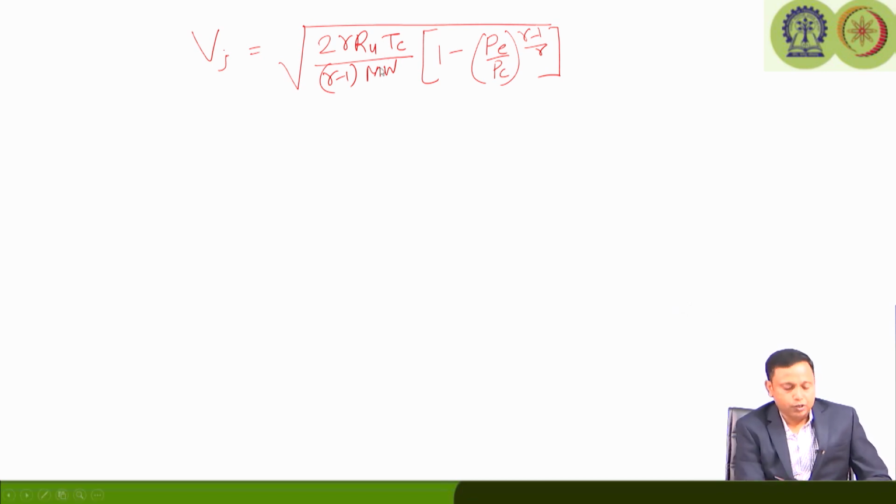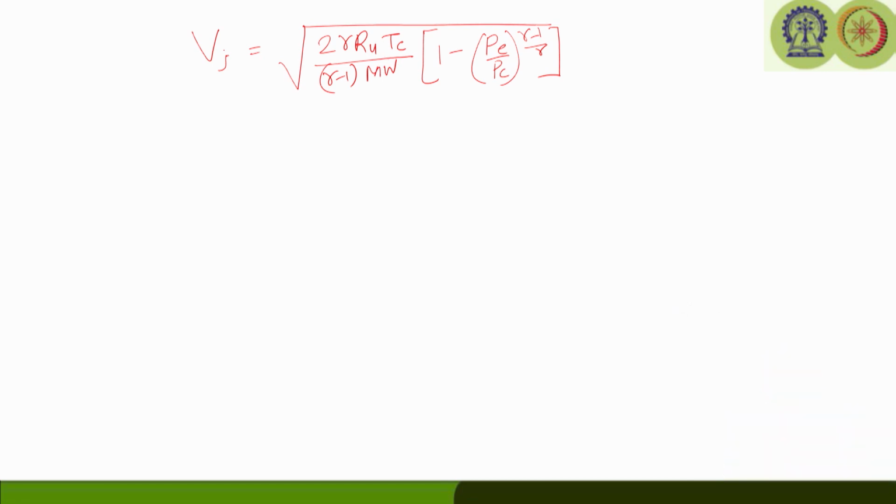Now, I am referring to some of the plots given in Professor Ramamurthy's book on rocket propulsion, which is already mentioned in the course document. You can get the exact values there, but I am showing only the trends here.